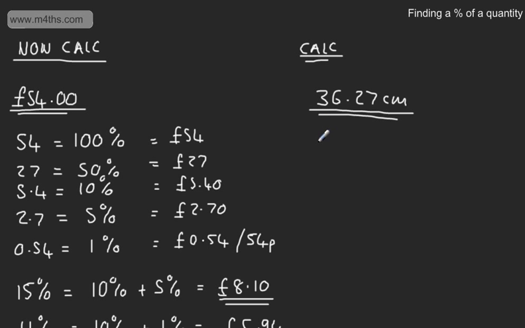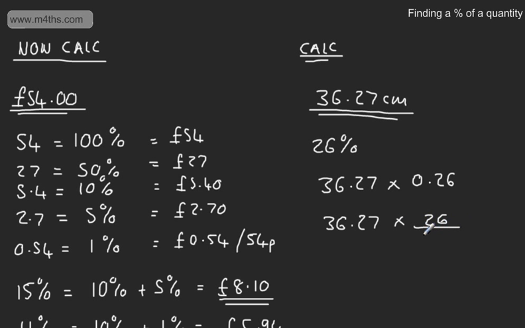Let's say we wanted to find now 26% of this quantity. All we would do is 36.27, and we would multiply this by 0.26. Or, if you like, you could simply write 36.27 times 26 out of 100.